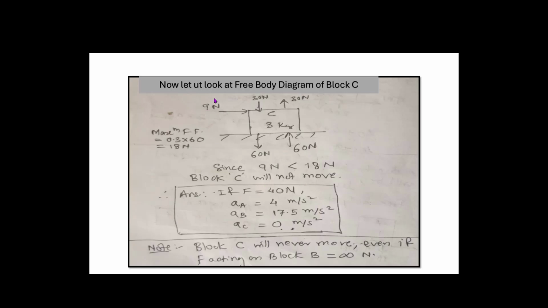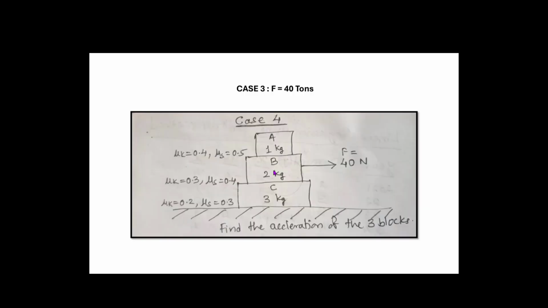So one thing is very sure is that this 9 Newton will be the maximum force which block C will experience because of whatever is happening on its top, right? Whatever is happening on its top, the maximum force experienced by block C will be 9 Newton.